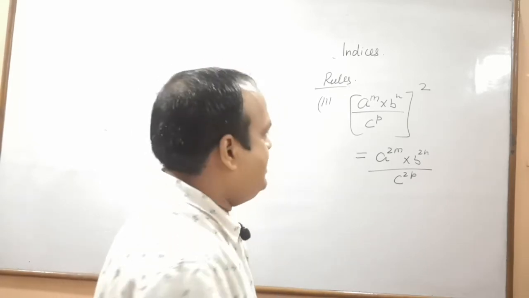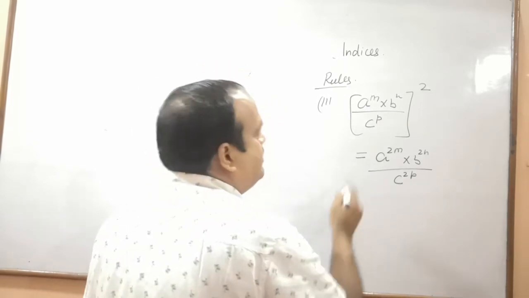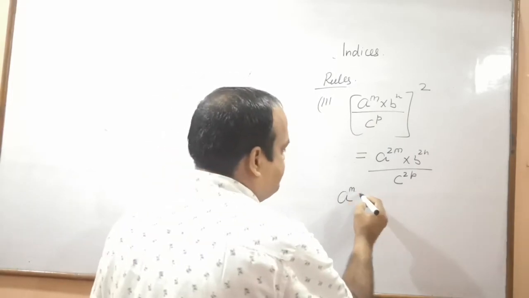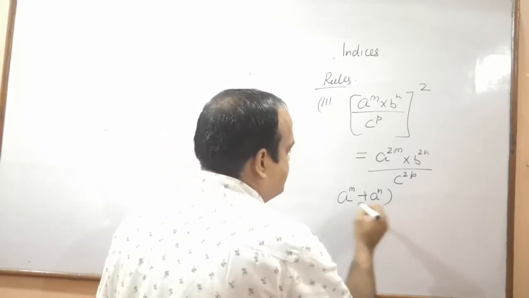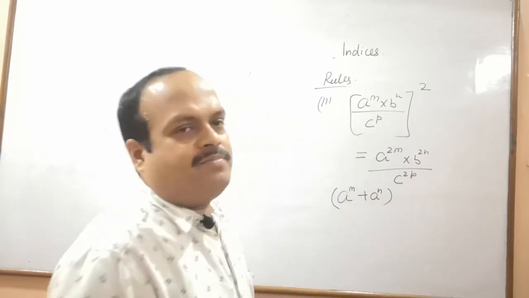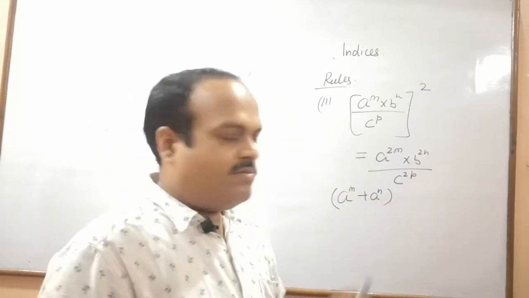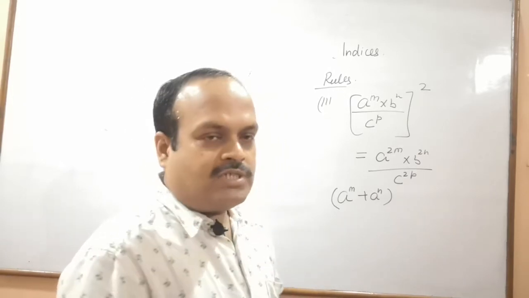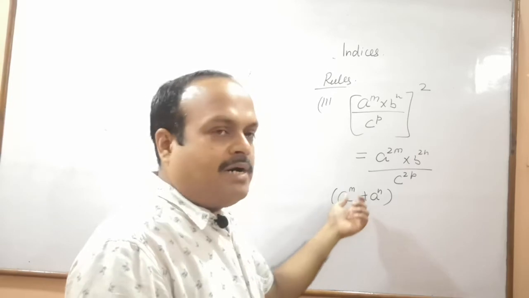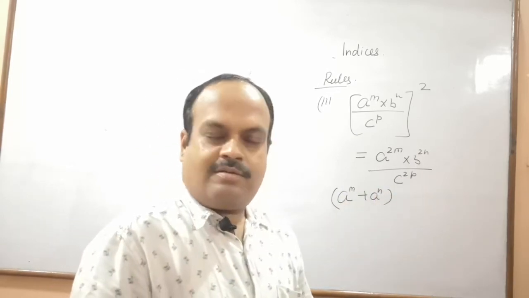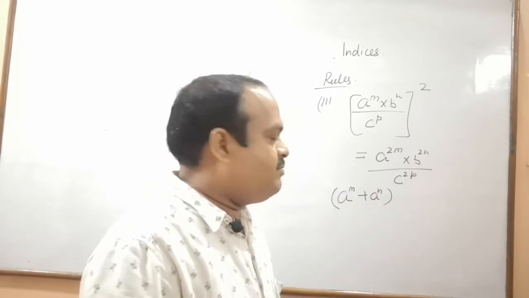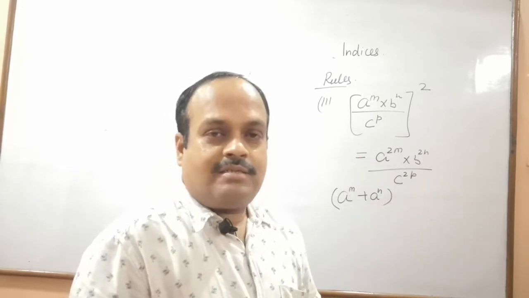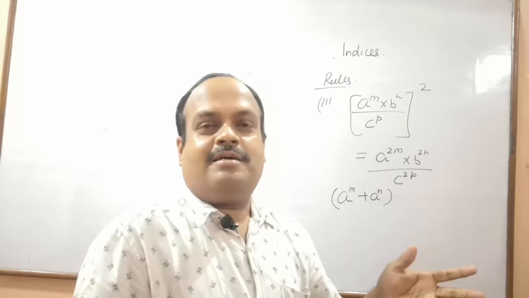I mean, if we have instead of multiplication division sum, here you make mistake. When I say what will the result be, you say, sir, it will be a to the power m plus n. No, it will not be a to the power m plus n, because you have applied product law.